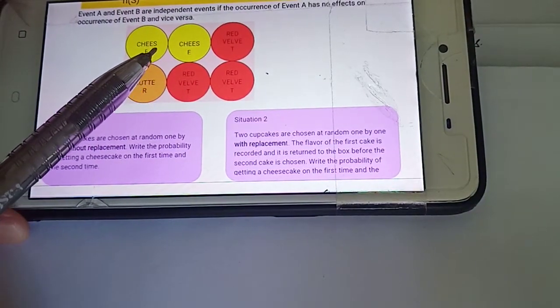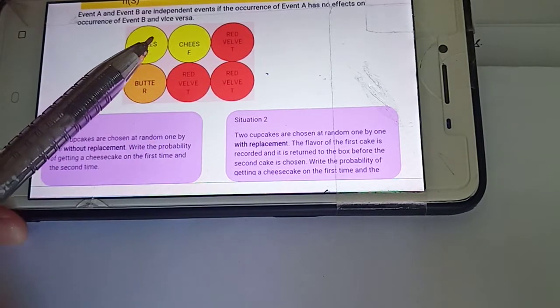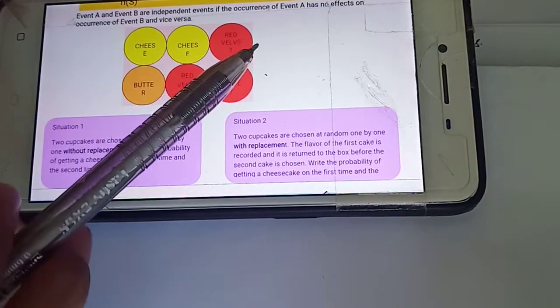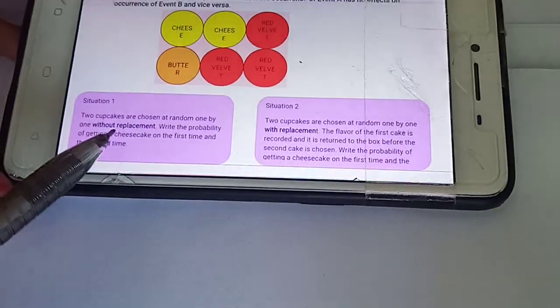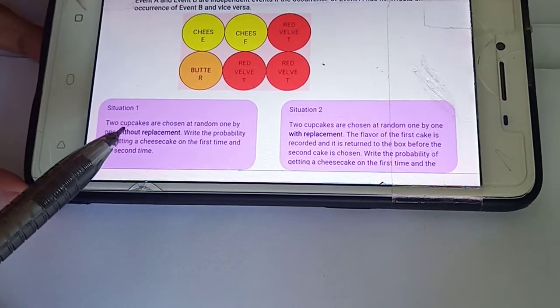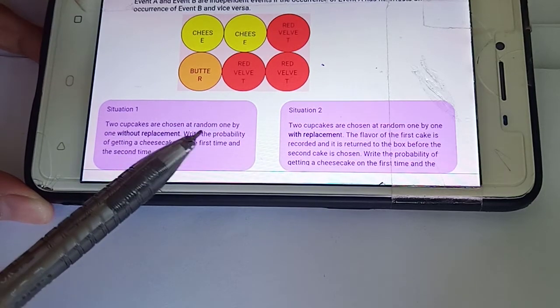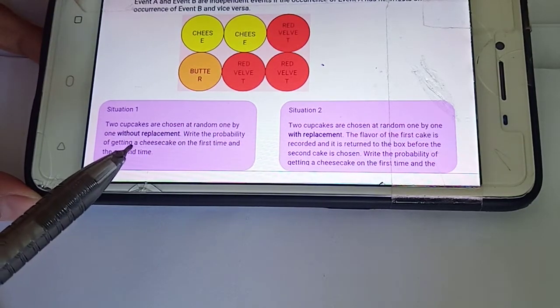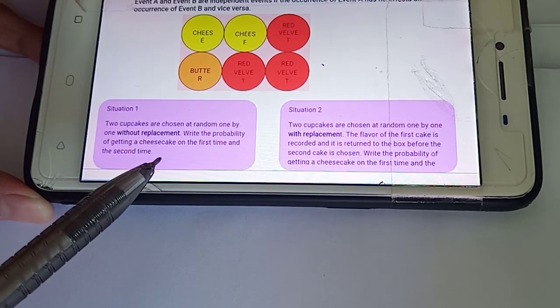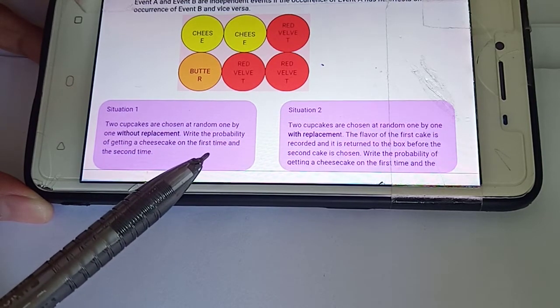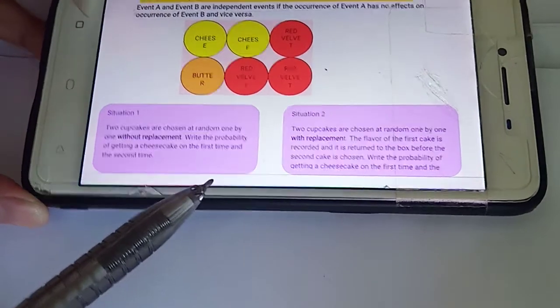I have 6 cupcakes: 2 cheese cupcakes, 3 red velvets, and 1 butter cupcake. First situation, 2 cupcakes are chosen at random, one by one without replacement. Write the probability of getting a cheesecake on the first time and the second time.